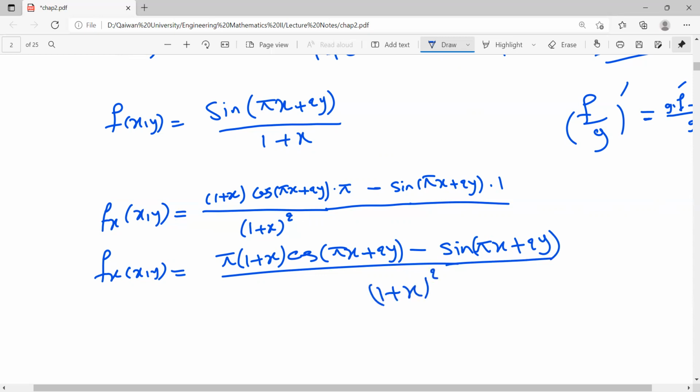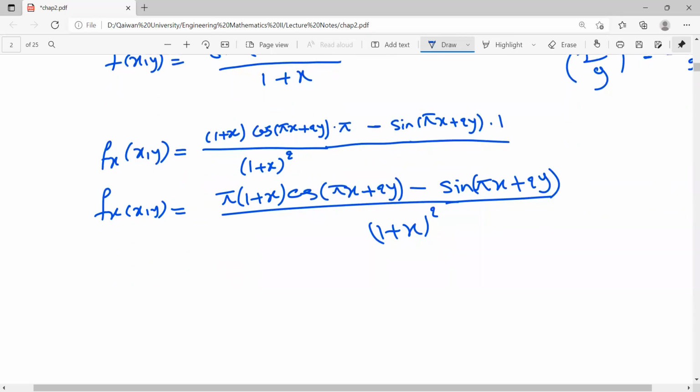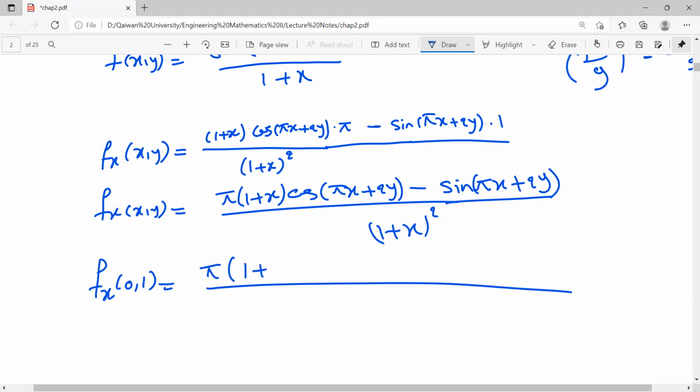Now we are going to plug in the given point. It says find f sub x at (0, 1). We just replace each x by 0 and each y by 1 in the last equation. Here we get pi times (1 plus 0). We just replace x by 0.